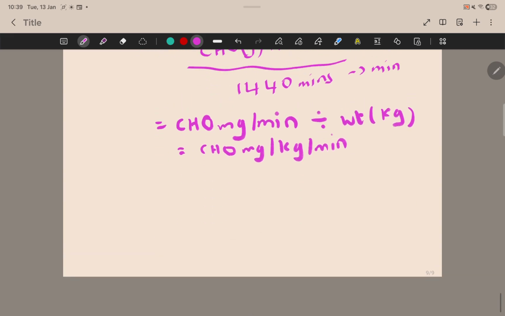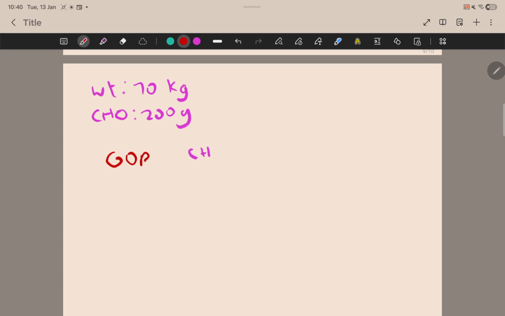Okay, so let's quickly do an example. Say the weight of a patient is 70 kilograms. The amount of carbs we have is 200 grams. Please always add in your units, it's easier. So let's calculate our glucose oxidation rate.